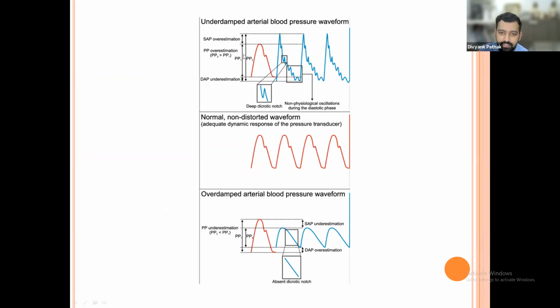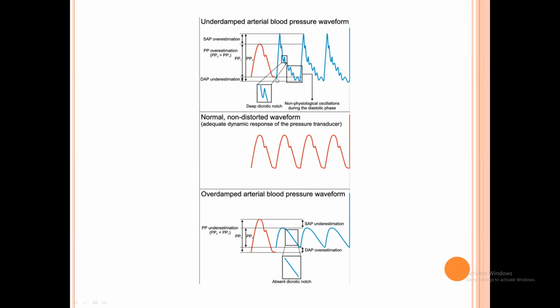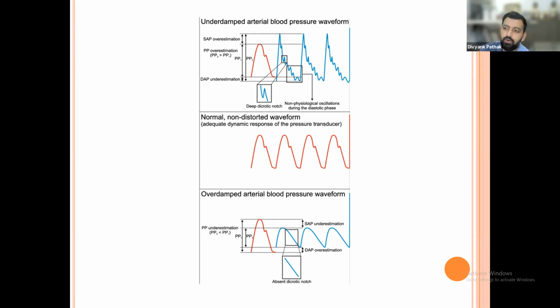Now here we can see that this is a normal, non-distorted arterial waveform. Now we'll come to the detail of what the arterial waveform is. Now, if there is an over spike of systolic and a down spike of diastolic, this is an underdampened arterial blood pressure waveform.